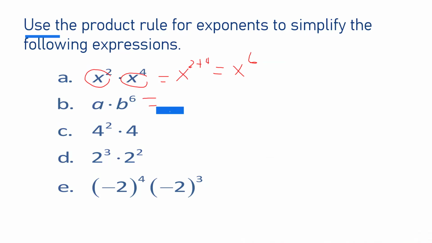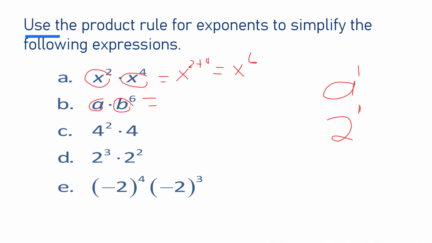Now, for b, we have a times b to the power 6. The first thing you need to watch out for are the bases. Now, for any number like a, 2, it always has an exponent of 1. 2 to the power 1 is just 2.